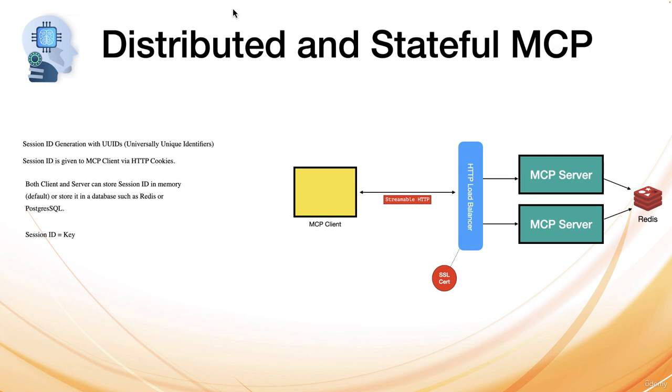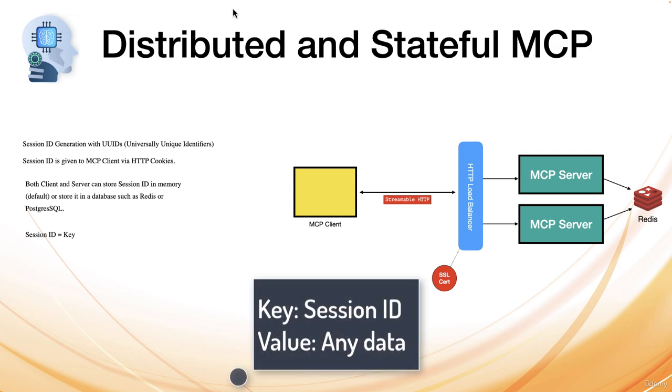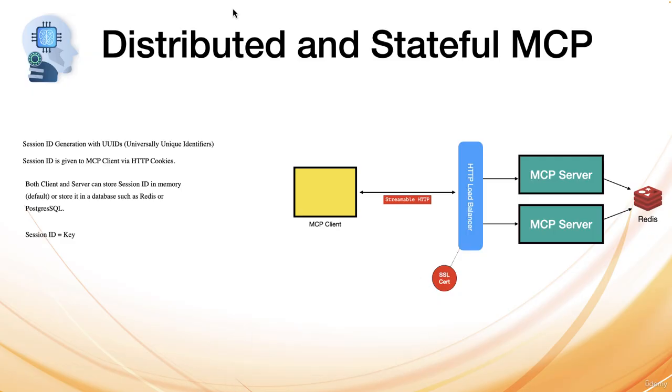In this key value pair data, the key is always the session ID that you can obtain. So in MCP server, there is an object called context. I will show you in Visual Studio soon. If you just inject context into your MCP's code, you can access the session ID, and then you can store any information that you want to have in cache in Redis using that session ID as the key.